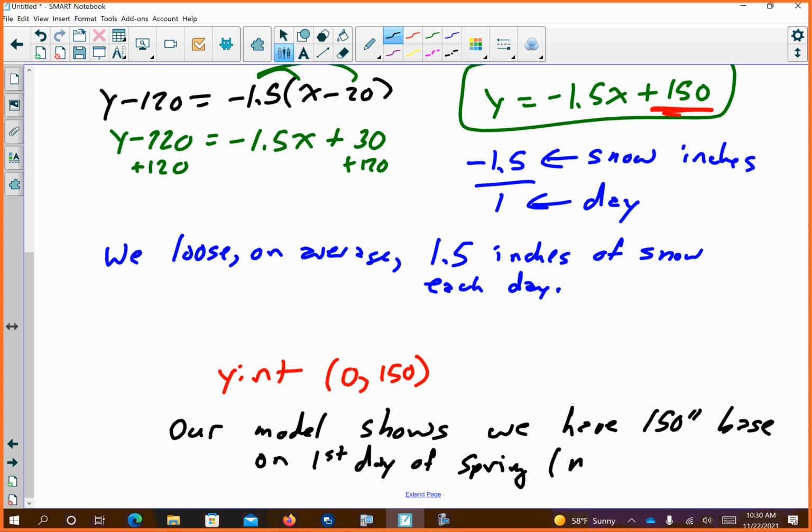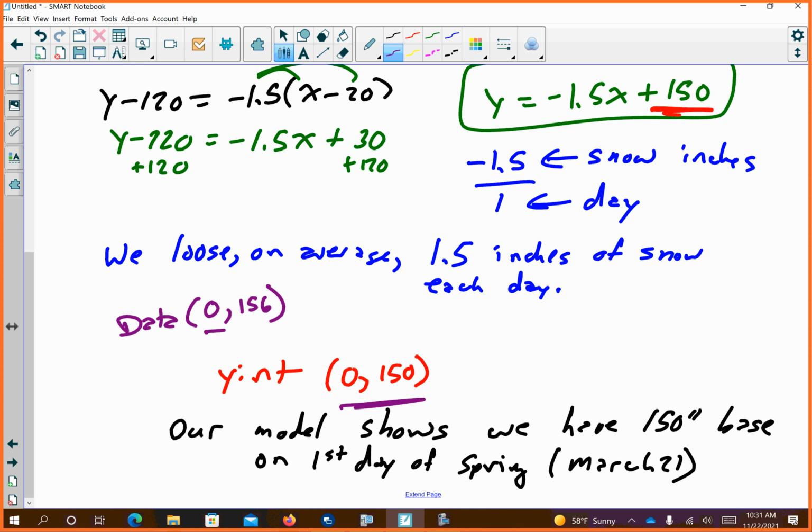Which is March 21st. Okay, now, being that we picked 2 points and we found a line of best fit, if you look at our data, it has 0, 156. But we show the y-intercept is this.